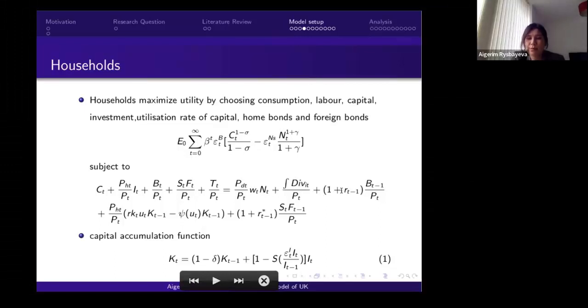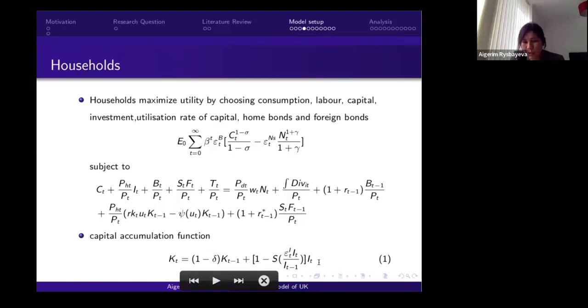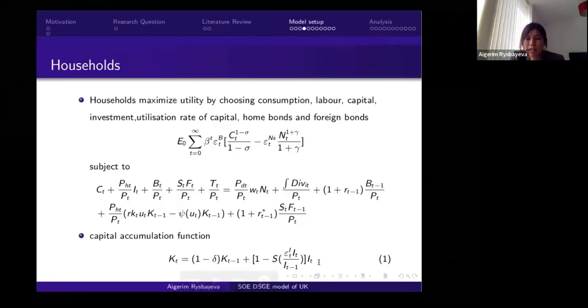They also earn the interest rate from the bonds they invest in, but they have to pay the rental rates. They use this income to consume, to invest, to buy the bonds, and to pay the taxes. This is quite standard for the DSGE model. And we also have another constraint, which is a capital accumulation equation. The simplest definition is that changes in capital are equal to investments.